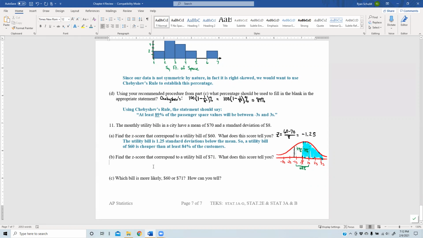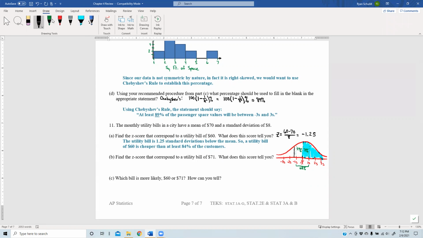Now we need to find the z-score that corresponds to a utility bill of $71. So let's do that. Kind of squeeze it in down here. Z equals 71 minus 70 divided by 8.